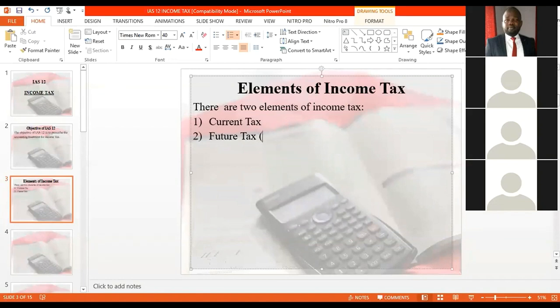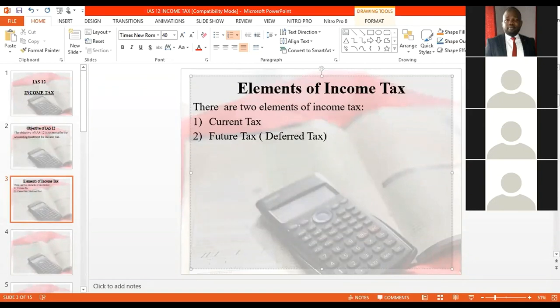Future tax is what is commonly known as deferred tax. Current tax is a tax that is settled in a given period, in a given year. Future tax is tax that is settled in the future.